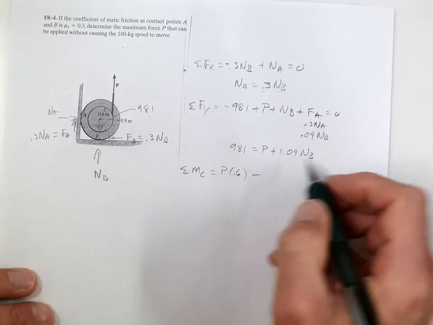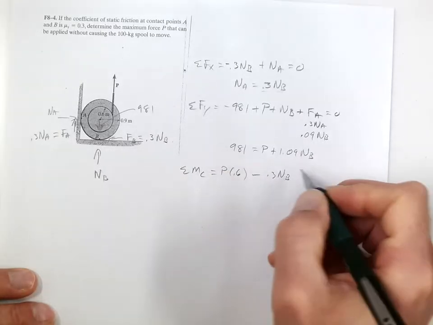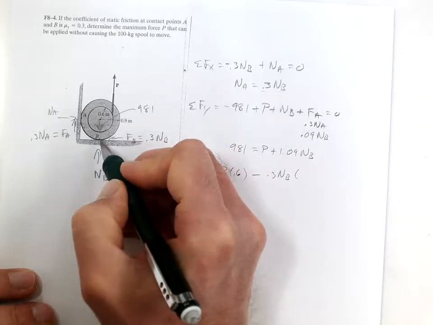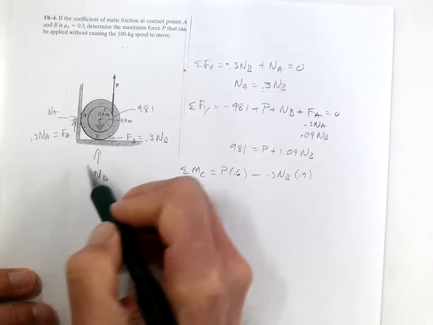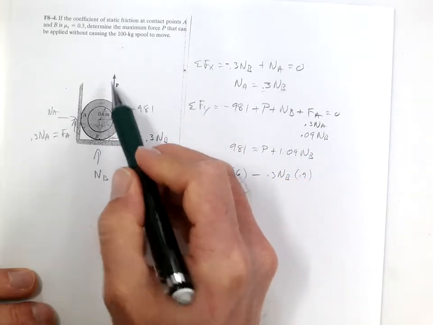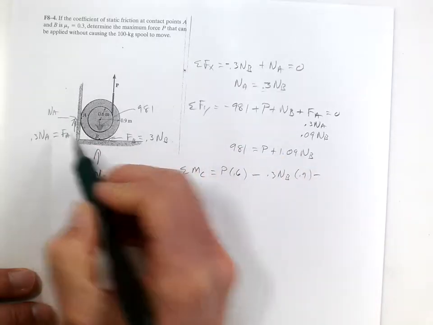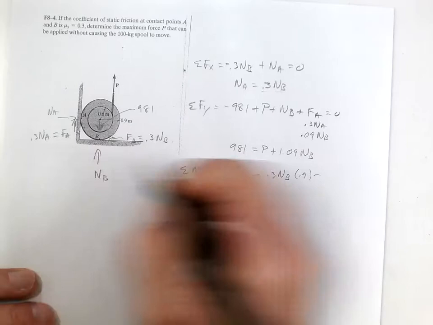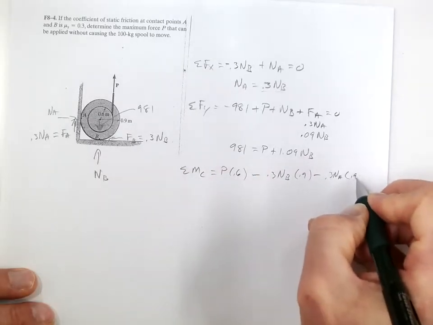FB, so minus 0.3 NB times this distance, 0.9, is the outer radius. The inner radius was 0.6, which just applied to the P. Minus FA, which is 0.3 NA, times 0.9 also.